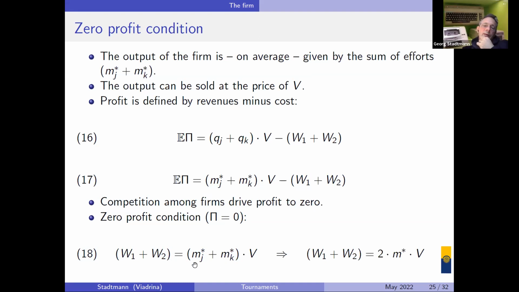Since the 2 athletes are modeled in a symmetric way, MJ is equal to MK is equal to M, we can also modify the right-hand side in a way that instead of this bracket, we plug in 2M times V in the profit function of the firm.